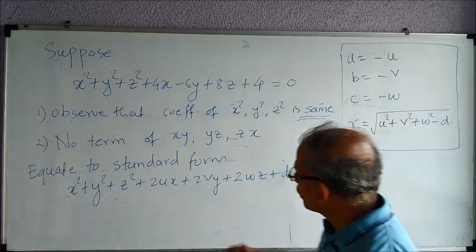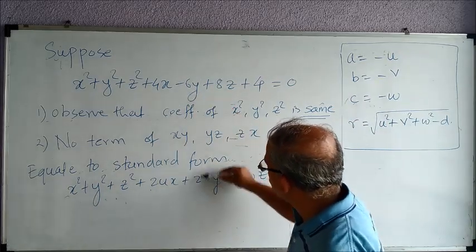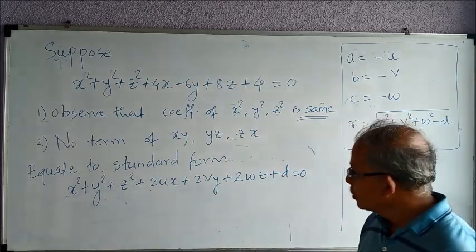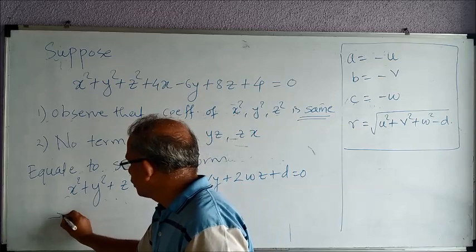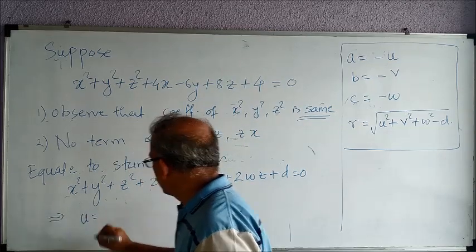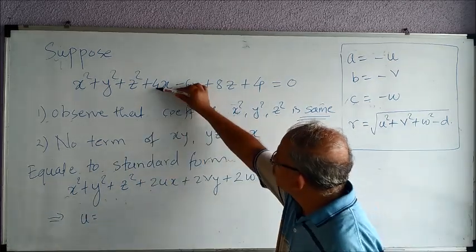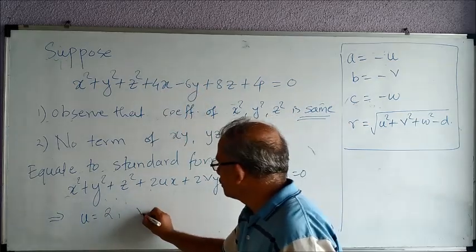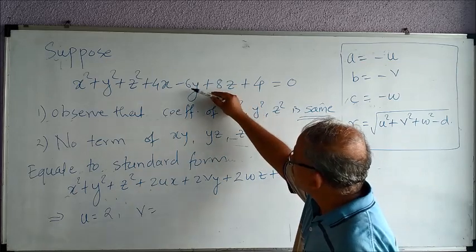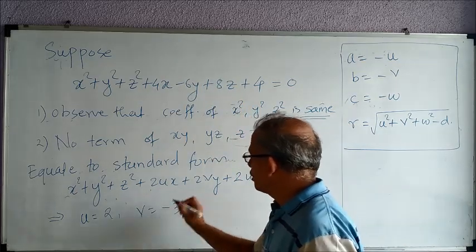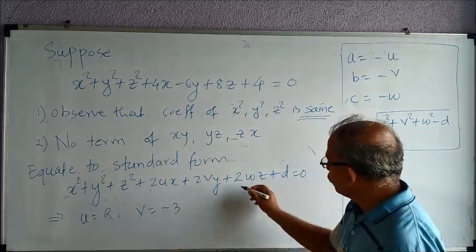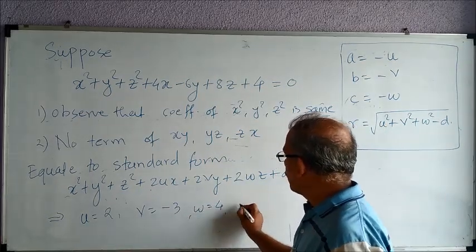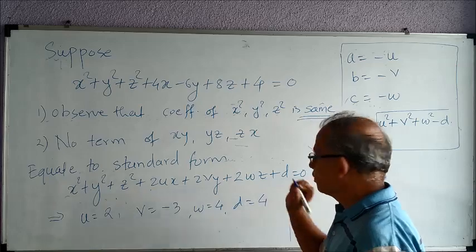Then you can observe what u, v, w and d are. 2u is equal to plus 4, so u will be plus 2. 2v is equal to minus 6, so v is minus 3. 2w is equal to 8, so w is equal to 4, and d is equal to 4.